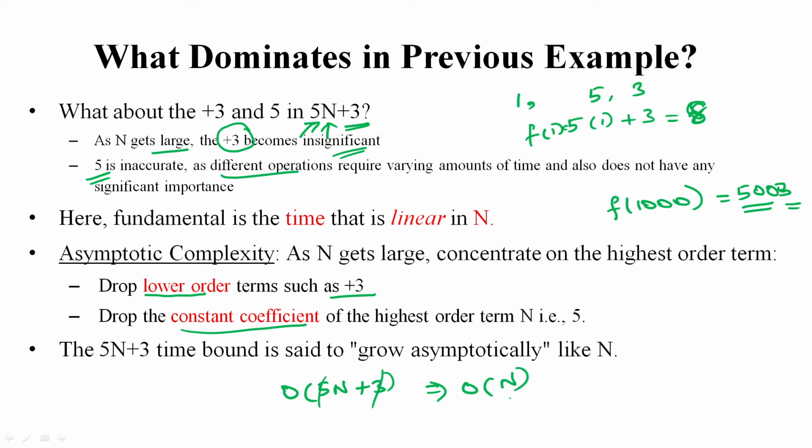So when you are increasing to large values, the time complexity of the given code is order of n. Mostly the algorithm depends on the input size n, which is said to be growing asymptotically with the value of n.